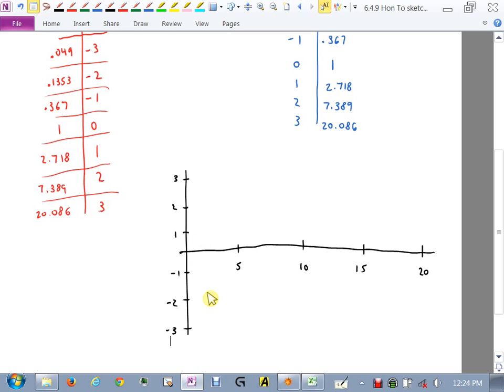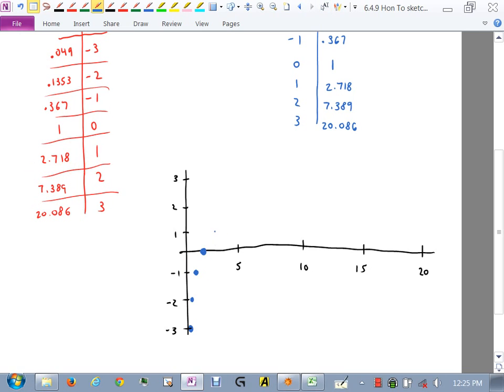And now it's just a matter of figuring out where these things are. My x-coordinate is 0.049. That's just barely to the right, and then down 3. So somewhere in here. And then just a little bit further to the right, down 2. A little bit further to the right, down 1. Then 1, 0. 2.718, 1.